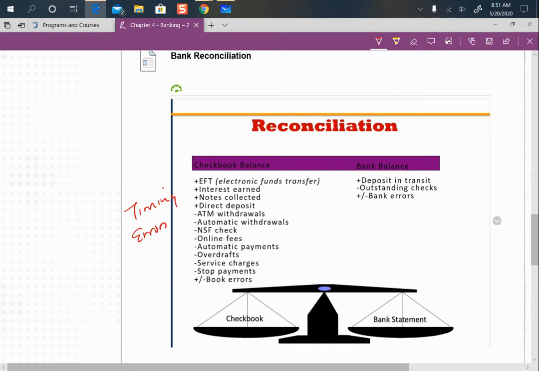Of course, we have seen the errors are reflected here, and the errors are also reflected here. The errors could be either that the bank made an error, or that you as an organization made an error when recording those transactions. Again, the error could be a plus or a minus error, and we're going to see how this happens when that error is made.